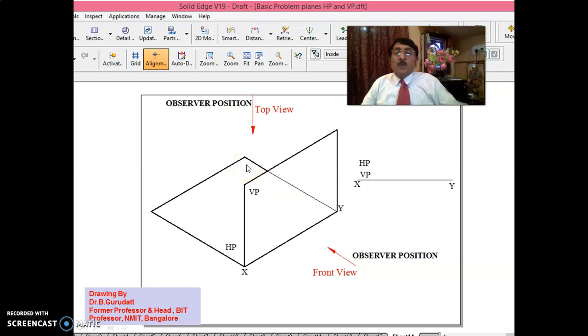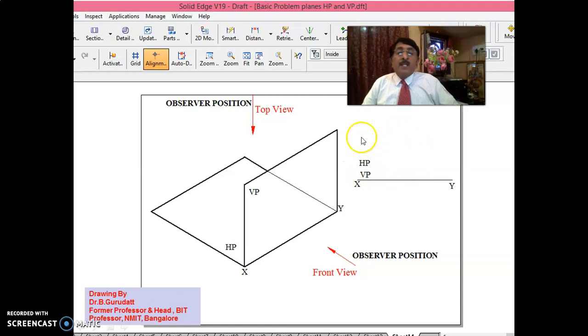That is why, if they give behind VP and above HP, immediately you should come to the conclusion it is a second quadrant problem. Then the XY line is this, HP and VP you merge here. Above the XY line you get VP and HP, both front view and top view you get only here.